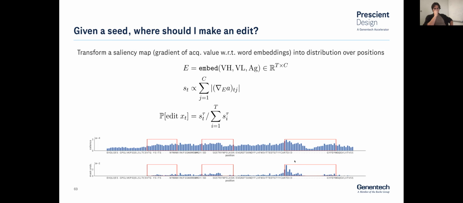So in that sense, they're independent. But there are pretty strong correlations in these saliency maps. And I would say one of the primary baselines, particularly in genetic algorithms, is just uniform random edit position selection, which leaves even more on the table. So I think the short answer is that I'm sure this is probably not the pinnacle of edit position selection.